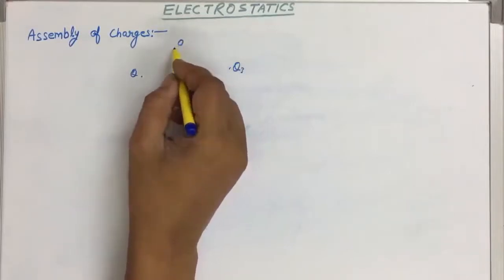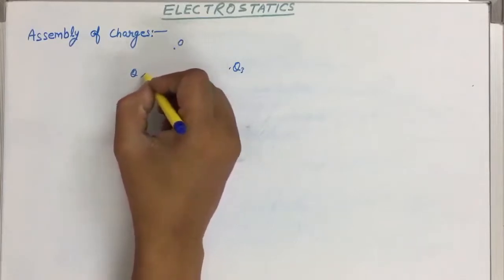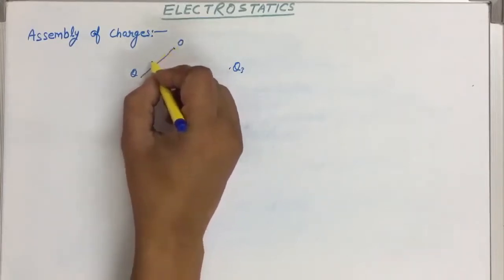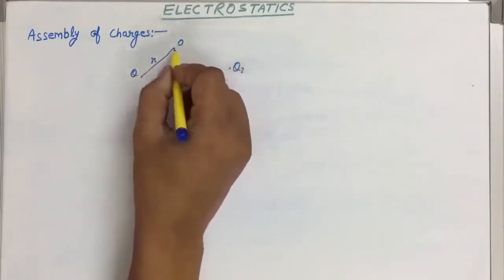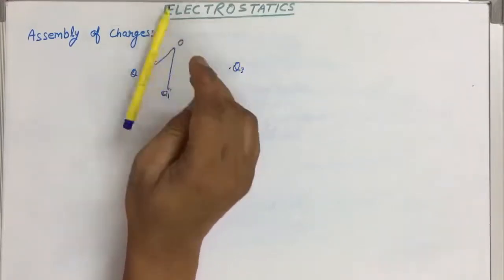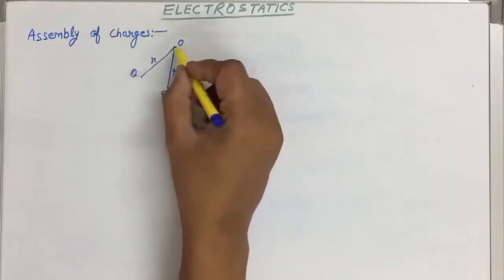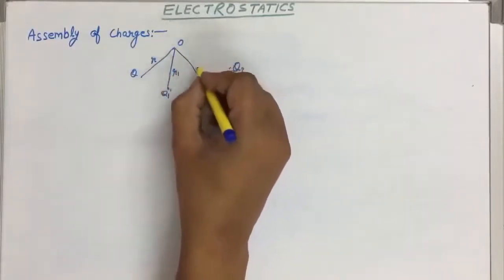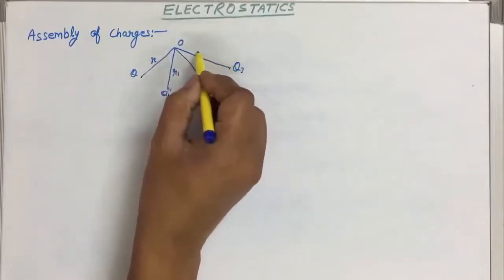This is the reference point and this is the final point. The distance between these two is R, and this is R1 and this is R2 and R3.